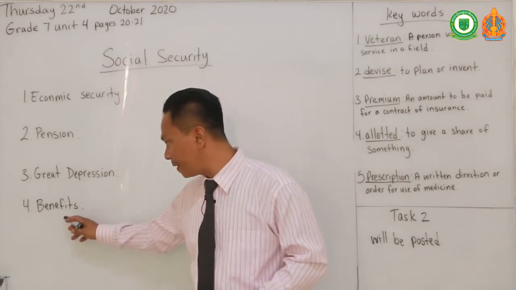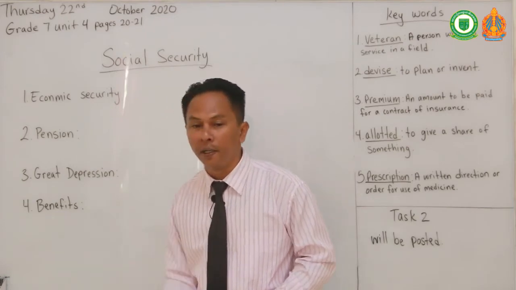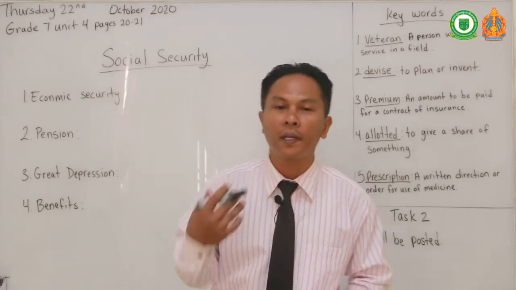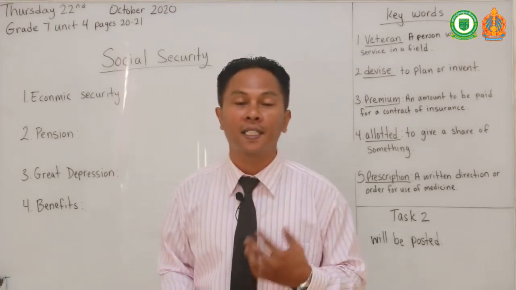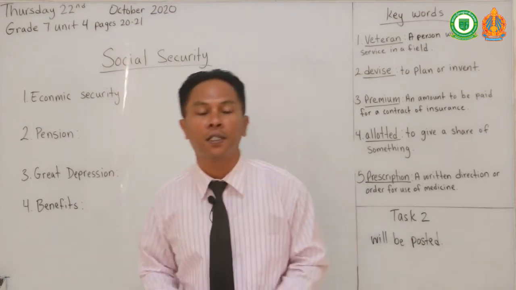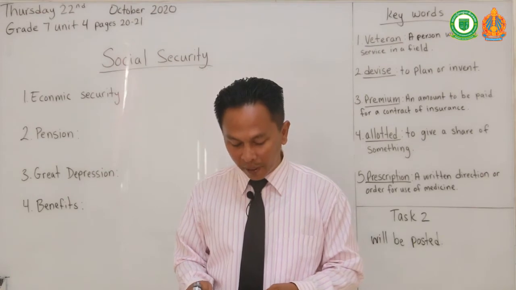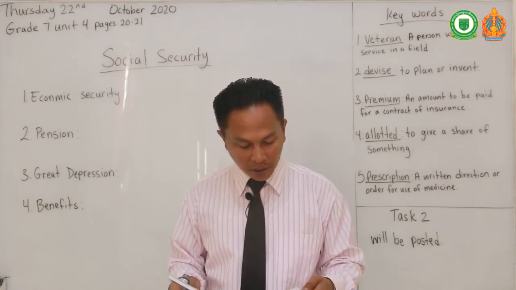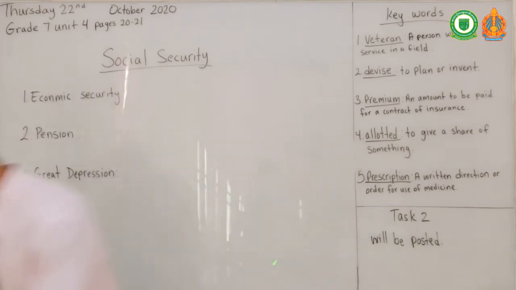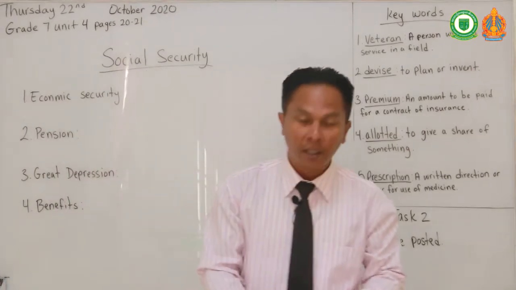Okay, now the benefits from Social Security. Before there was really no benefit, but as time goes, the laws change also. And with the benefits that came along with Social Security, we had disability.